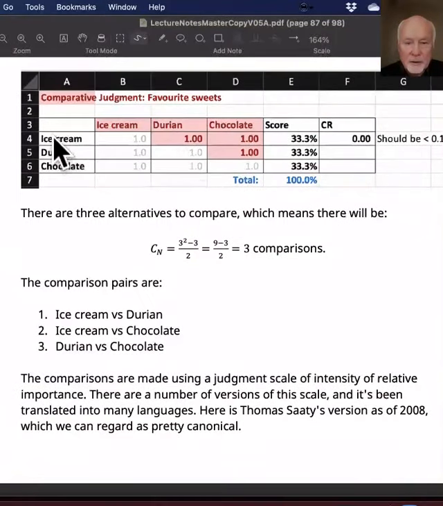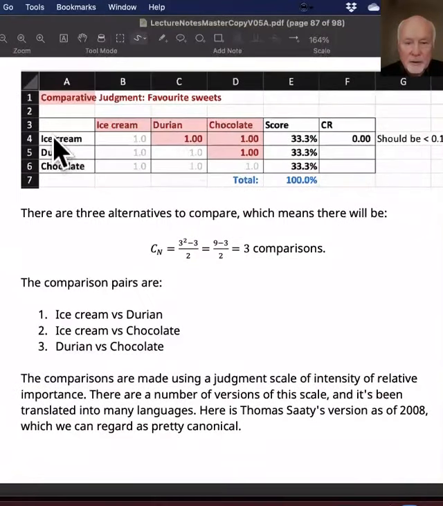What that is saying is my preference for ice cream is 1/5 of my preference for durian, or my preference for durian is 5 times my preference for ice cream. And you'll see that it's grayed out here because it's automatically handled by the code in the spreadsheet. If I look at durian versus ice cream, at that cell there, you can see that it says 5. So my preference for durian is 5 times my preference for ice cream. That's how you interpret it.